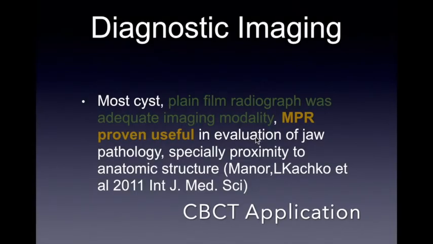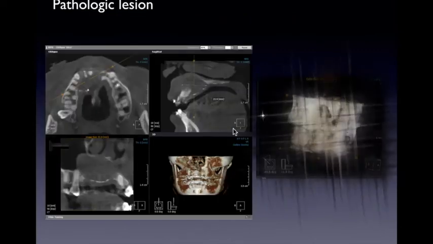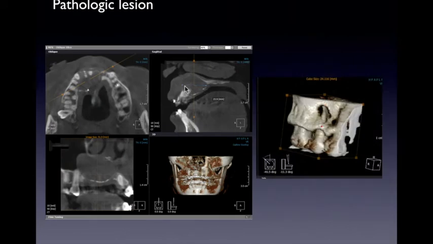So we now move very quickly on where we could actually use CBCTs. Again, it's very proven that MPR views are very important in assessing pathologic lesions. We could actually see not just the extent or the depth of the lesion, we could even measure it, but we could also see some of the changes in the osseous architecture.